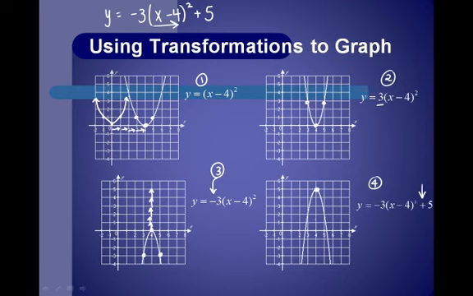So we've got our new vertex here. We still have our points that are 3 units below that, and that's how we would graph the function y equals negative 3 times x minus 4 squared plus 5.